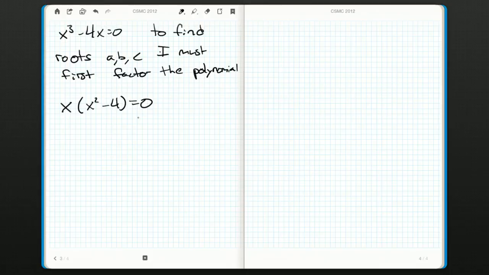And so we can continue on and factor it. We certainly could, or we could stop here. Why?